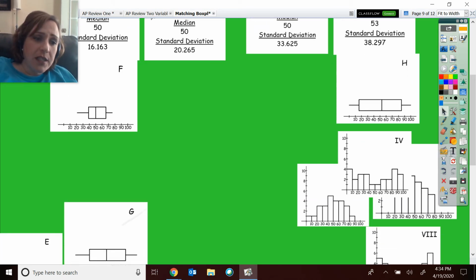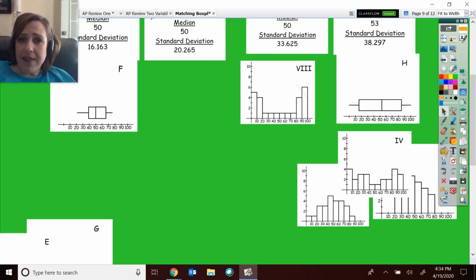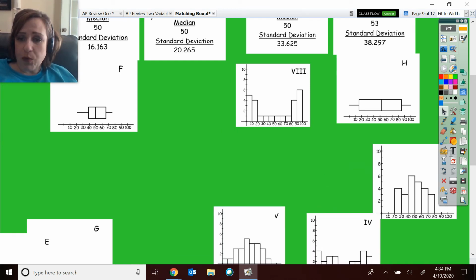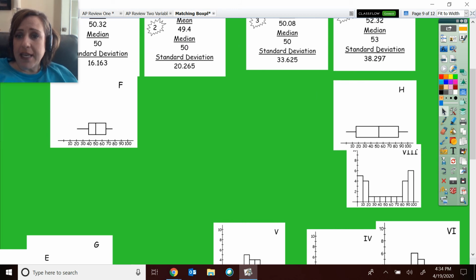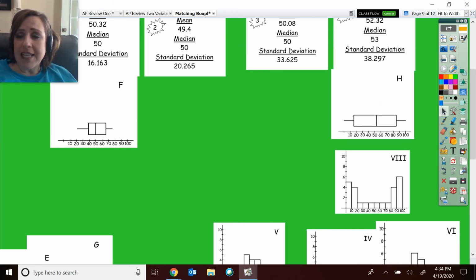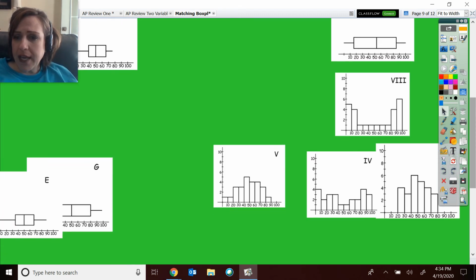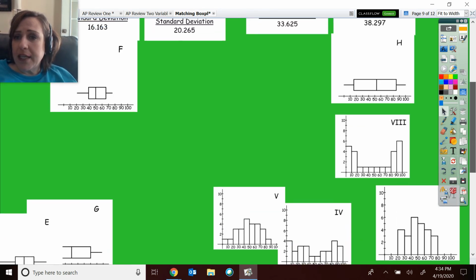Okay, so now let's go with the histograms. As far as the spread goes, I think this one here is going to be my largest because this one out of the histograms has the most data on the outside edges. Okay, and that's what's going into those little small whiskers there.